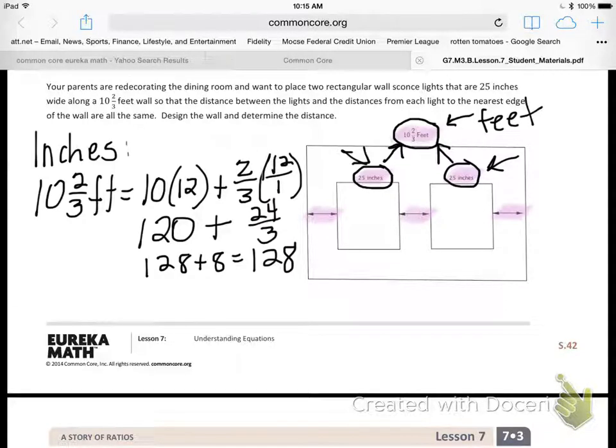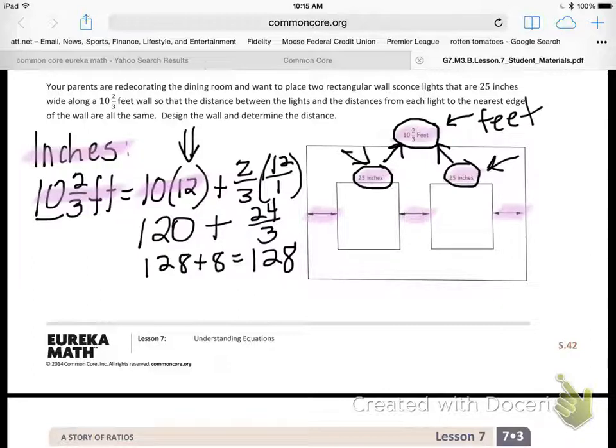So if we go ahead and convert to inches, we're going to need to take that 10 2/3 feet right here. We can use some algebra actually to figure this out. 10 2/3 would be equal to 10 times 12, because we are converting to inches. That's what that 12 is standing for. 12 inches in 1 foot, and that's right here, the 10 part.